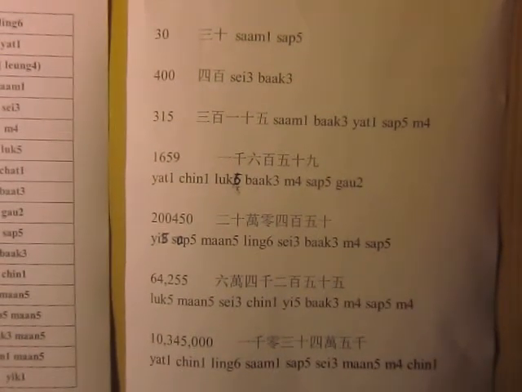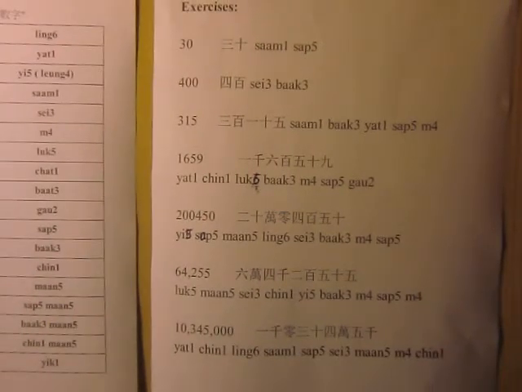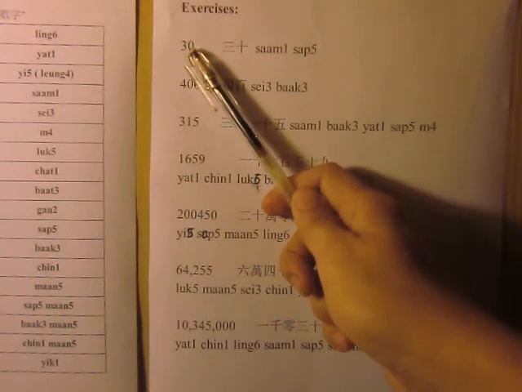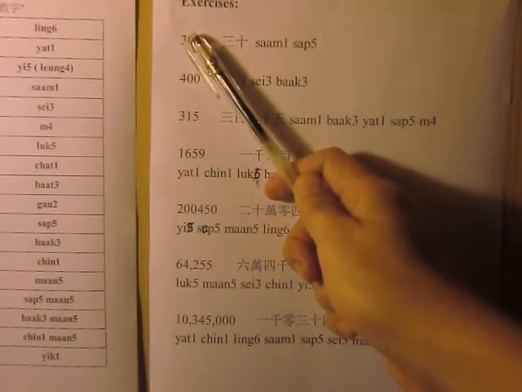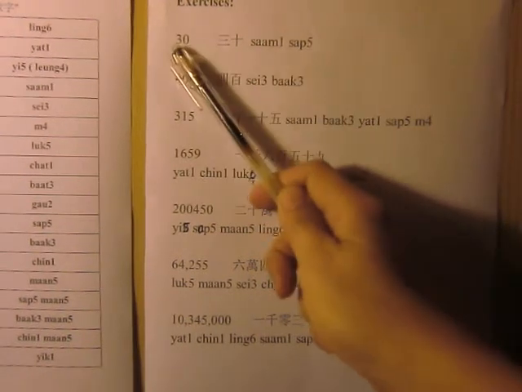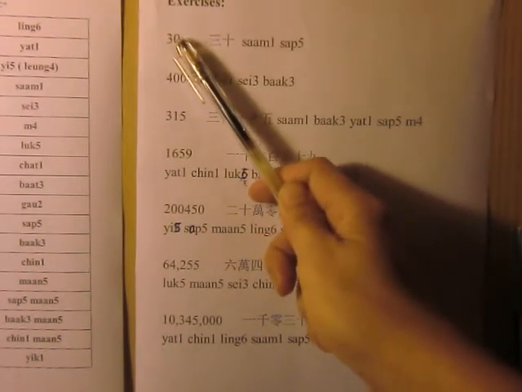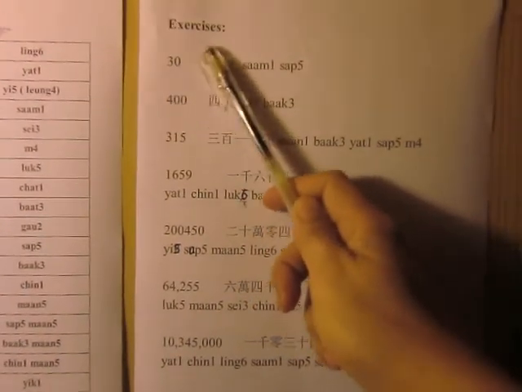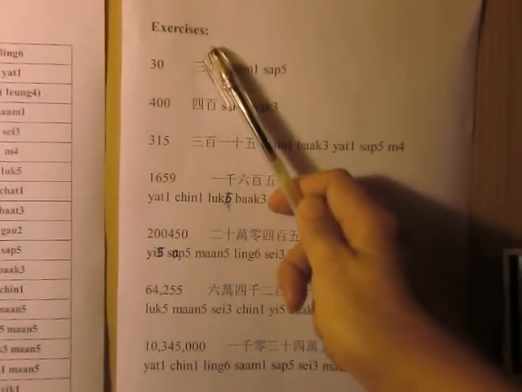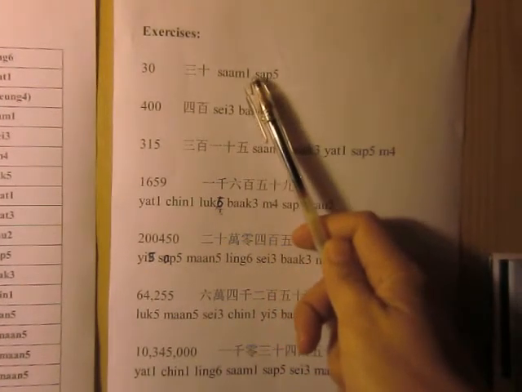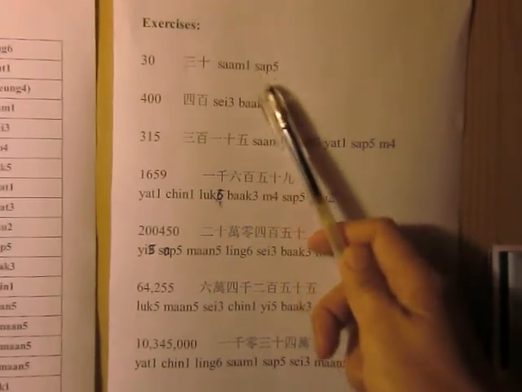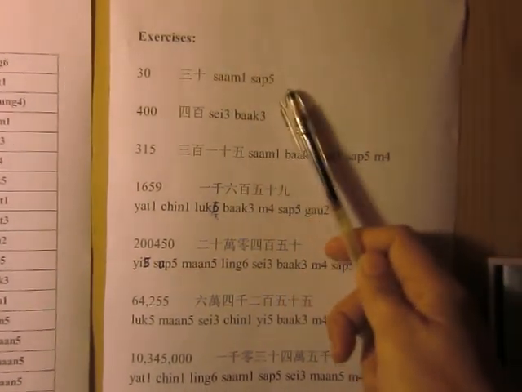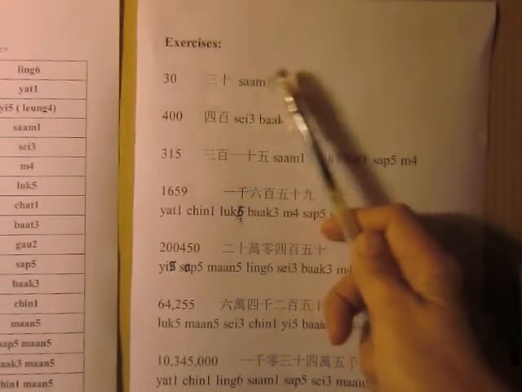So here we have the first one being 30. Well, 10 is sub. And instead of 30, we have 3 tens. 3 tens is sam sub, sam being 3 and sub being 10. But this is tone 5, so instead of sam sub, we have sam sub.